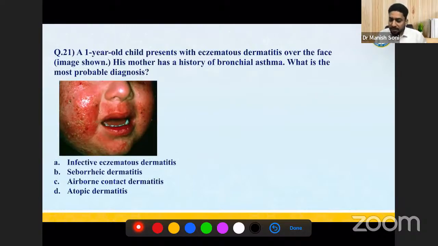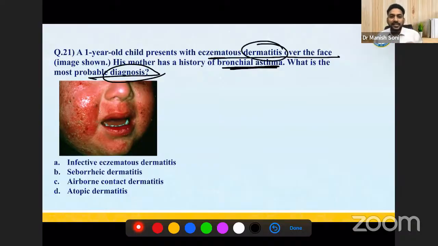Then a 1-year-old child presented with eczematous dermatitis over face. His mother has history of bronchial asthma. What is the probable diagnosis? So all of you know that patient is having dermatitis, and which dermatitis is associated with family history of asthma or atopy? It is atopic dermatitis.